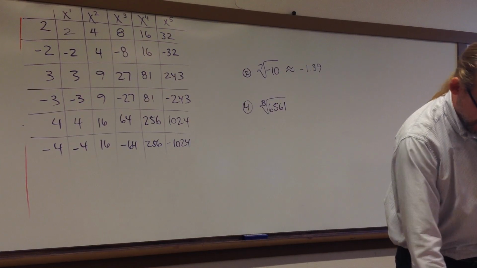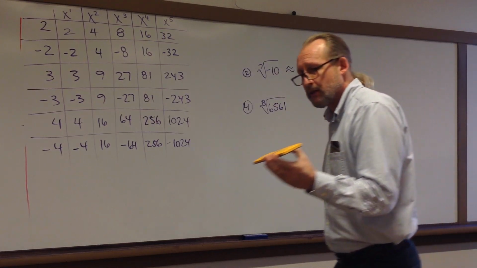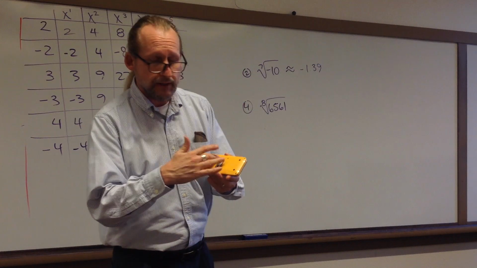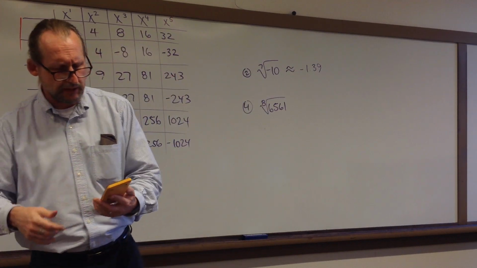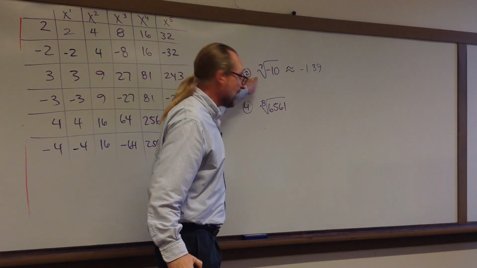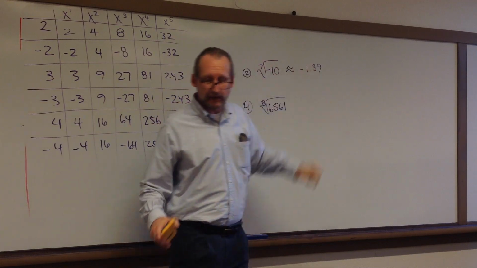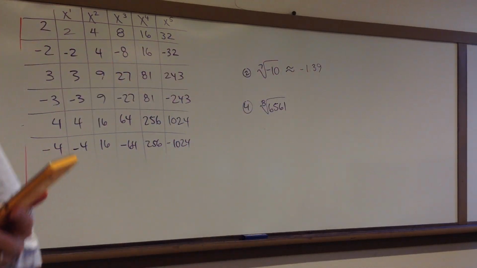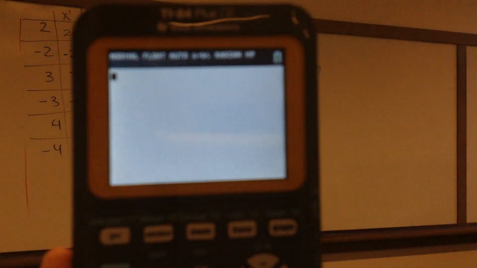Let me show you, with these new calculators, if you've got a graphing calculator that's one of the old 83 or 84s, it's a black color rather than this yellow-orange color, you have to do it the way that I showed you a minute ago, where you put the 7 out in front and then the negative 10 inside, and then it'll calculate it for you. This calculator, these orange ones, will do it either way. So I showed you that way on that last problem.